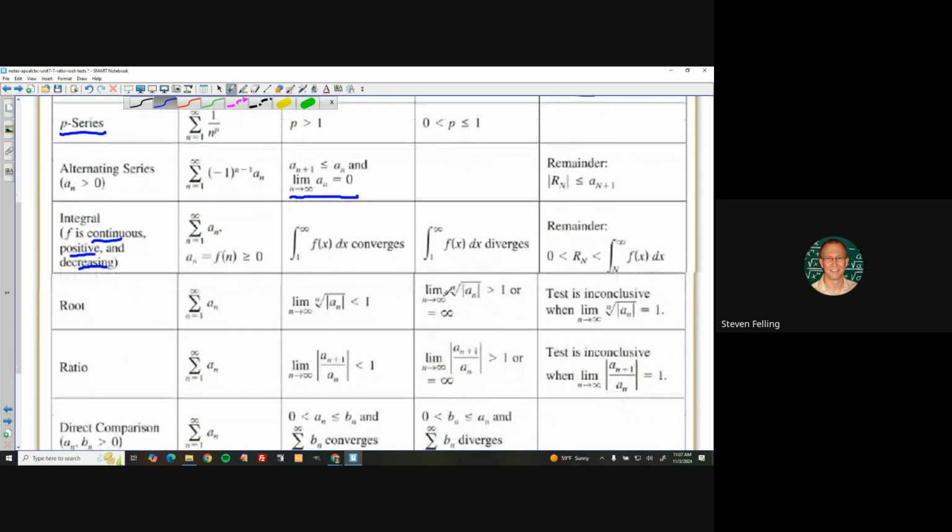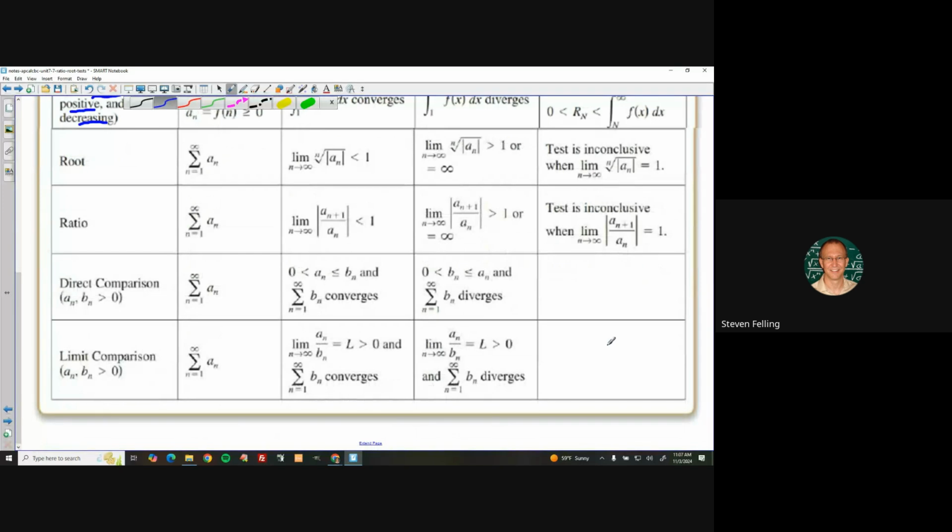Right? We have the root and the ratio test that we just used. Those are for specific forms when you have a rule that has something to the nth power. Or you can try the ratio of the next term to the current term. Less than 1 converges, greater than 1 or infinity diverges, inconclusive at 1. And then the direct comparison and limit comparison. In limit comparison, you're comparing the ratio of two different series. And if the limit is a finite positive number, the series are linked.